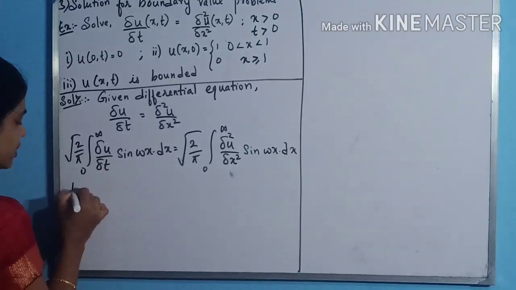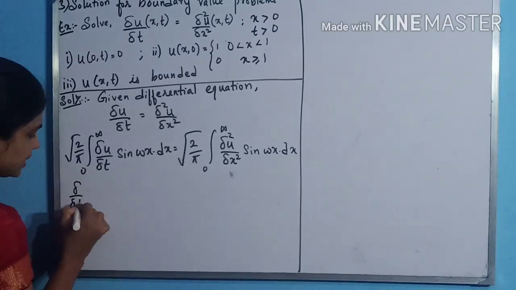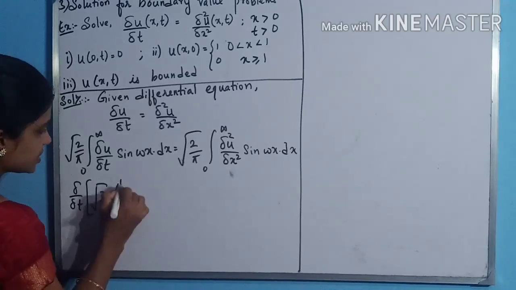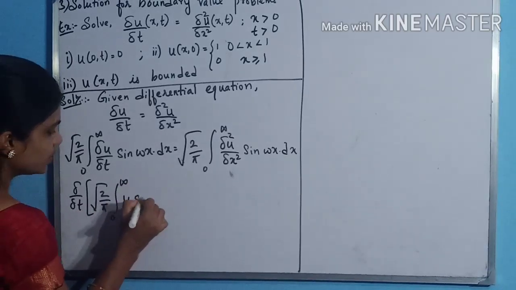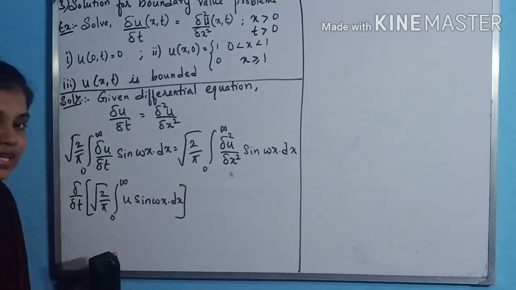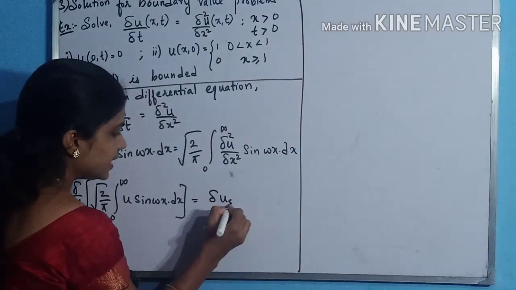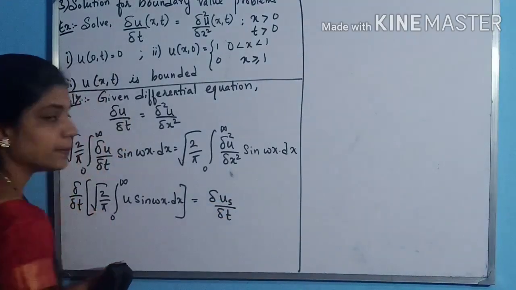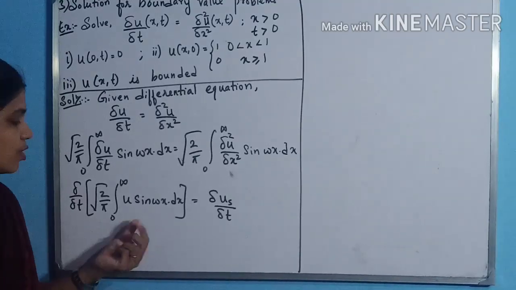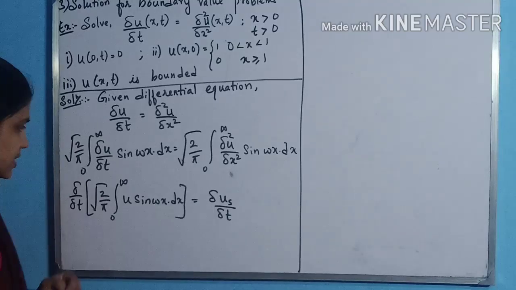So on my left-hand side I have ∂/∂t of root 2 by π, integral 0 to infinity of u sin(ωx) dx. I denote this as ∂u_s/∂t, because this is nothing but the sine transform of u.